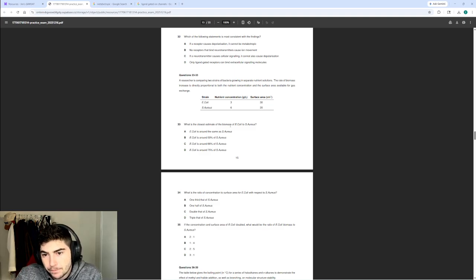So the rate of biomass increase is proportional to both the nutrient concentration and the surface area available. Oh no, I did make a mistake.